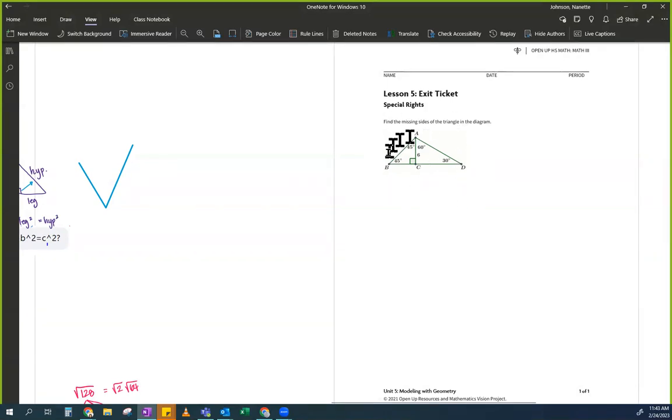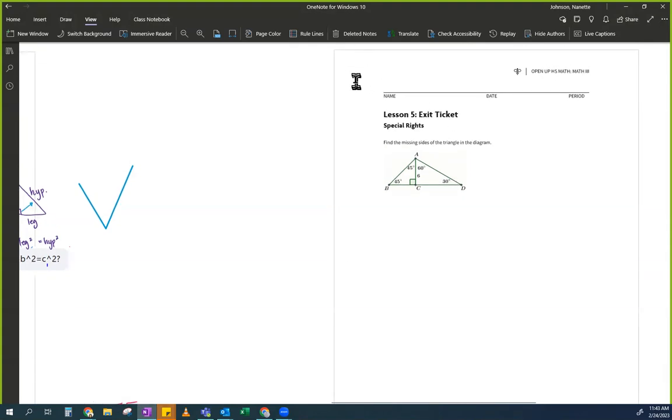You are completely able to do this. If you haven't memorized these, at the top of your paper, draw those two triangles out and label them so you can use them. Pretty soon you won't have to draw them out because you'll have them in your head. All right, let me stop right there.